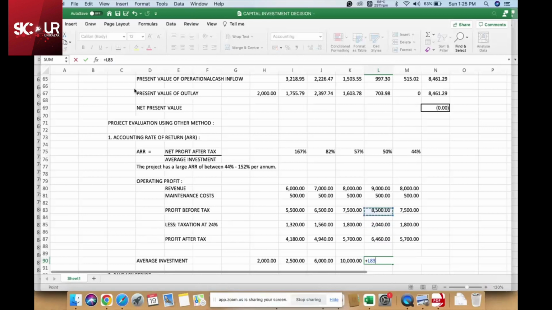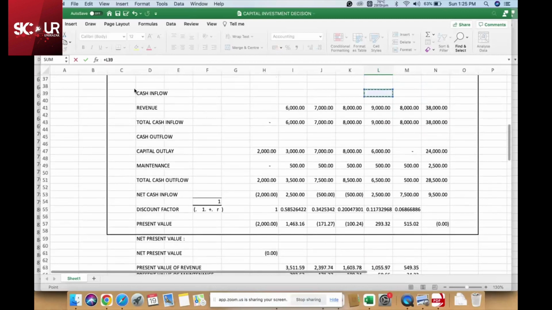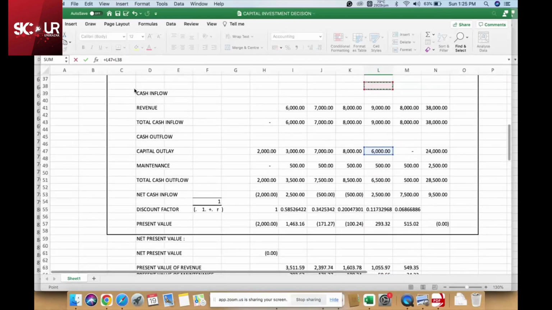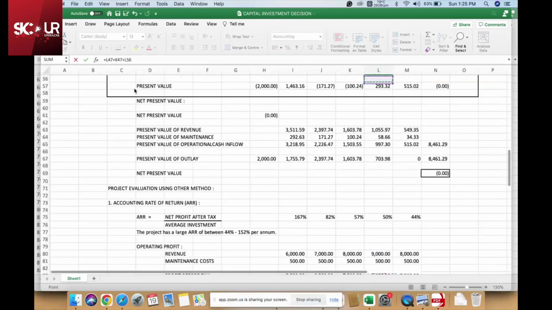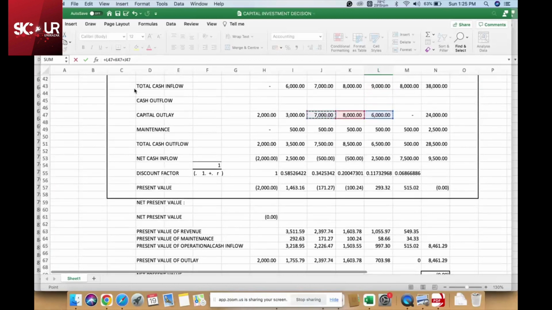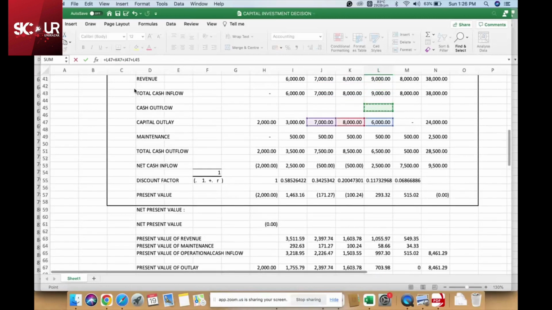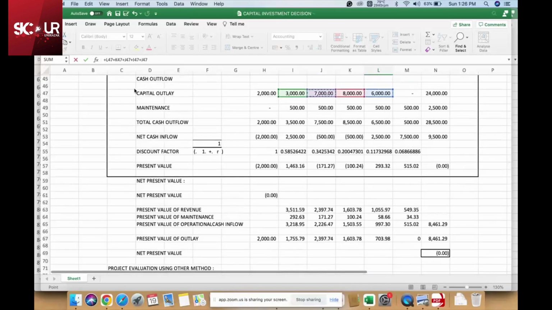And capital outlay in year 4 plus capital outlay in year 3, in year 2, in year 1.